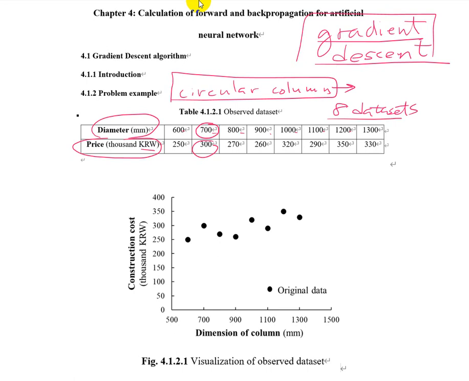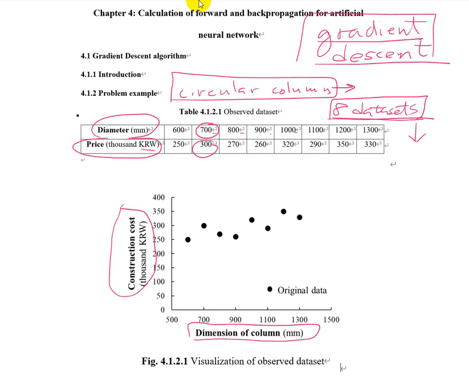But this could be a big data set if we have more than maybe a few thousand, 10,000, 100,000. So this is equivalent to big data sets in real cases, but we just take 8 data sets to explain in this lecture efficiently. If you see the graph here, for given dimensions of circular columns, the corresponding construction cost is plotted on the y-axis.